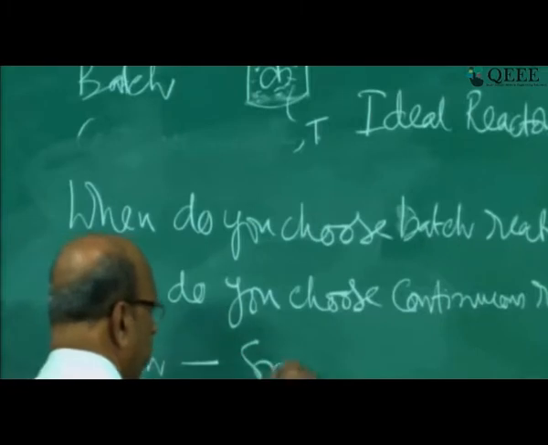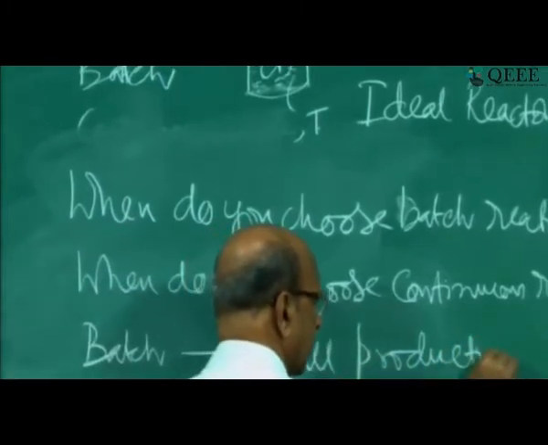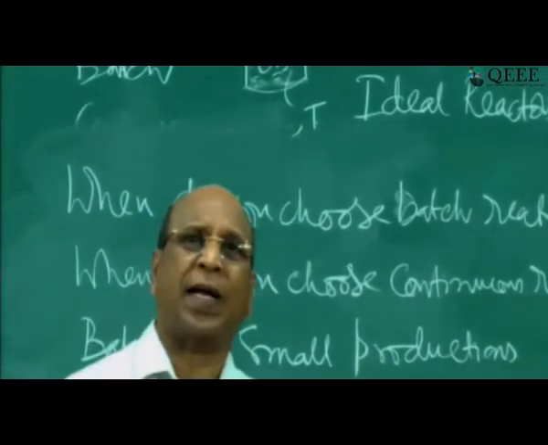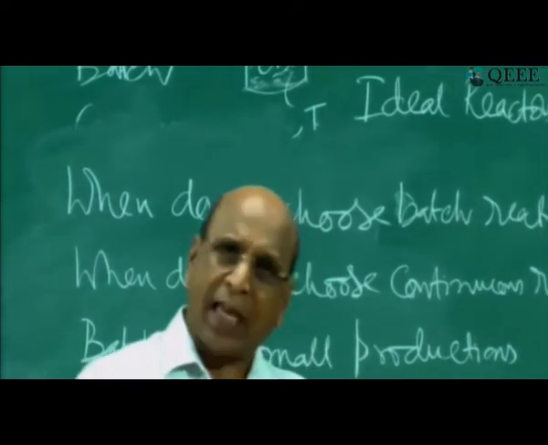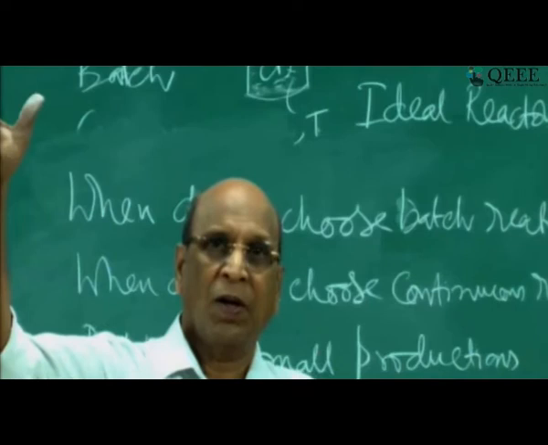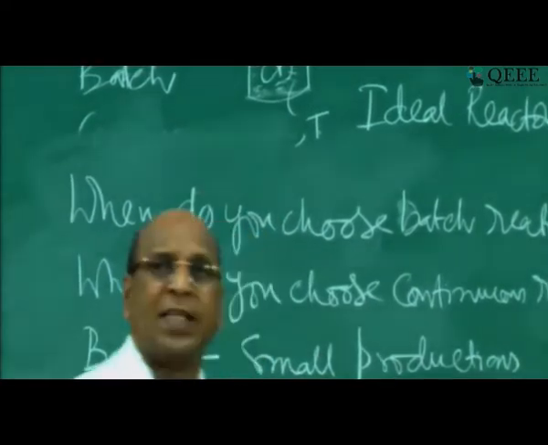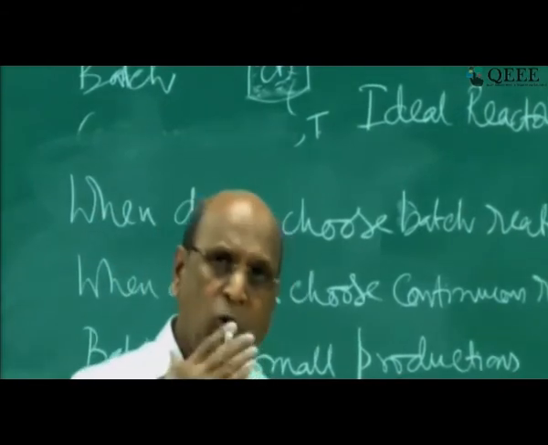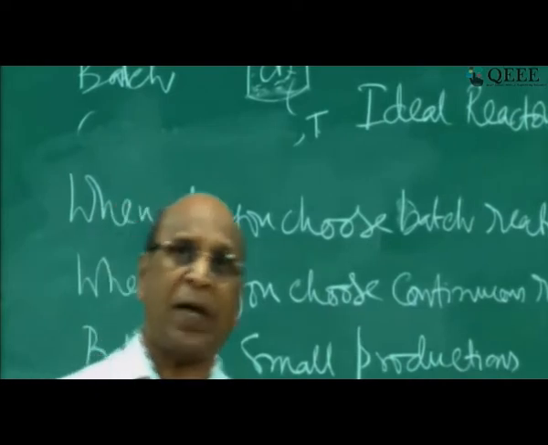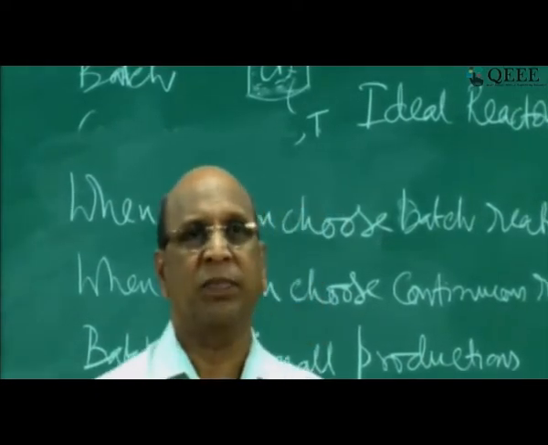Here you have to be more careful. Small productions means we are not talking about 1 gram, 2 grams. We are talking about tons, but not 100 tons, 200 tons, 300 tons. Finally, how you decide whether it is a batch reactor or continuous reactor depends, at the end, on the finances.